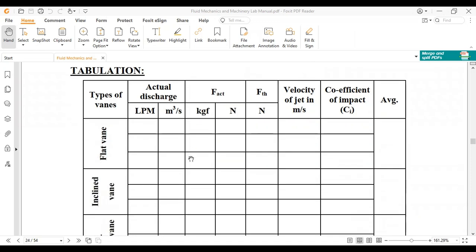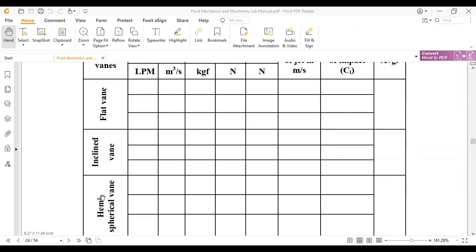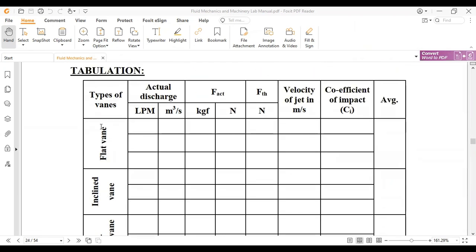Then this is the tabular column. In the tabular column, three different vanes are mentioned: flat vane, inclined vane and hemispherical vane. Now just take the flat vane. First, the actual discharge should be taken in LPM from the rotameter: 10 LPM, 20 LPM, 30 LPM, 40 LPM.